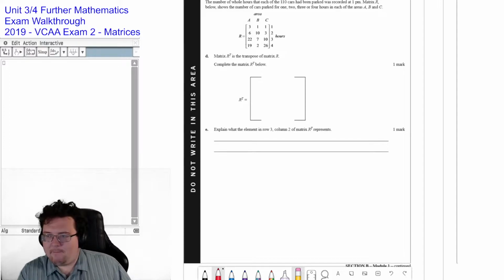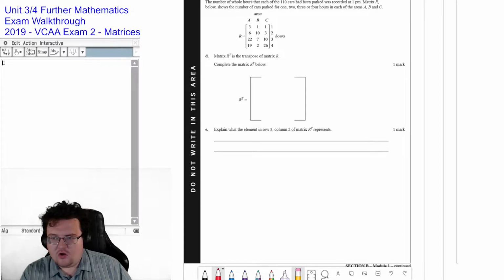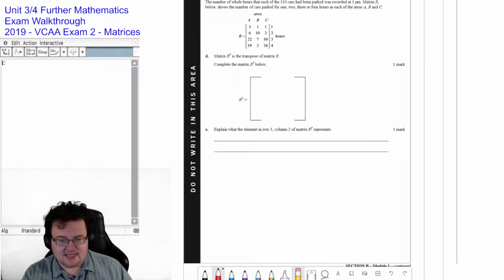So, the number of whole hours that each of the cars parked was recorded at 1 p.m. Matrix R, you've got there.